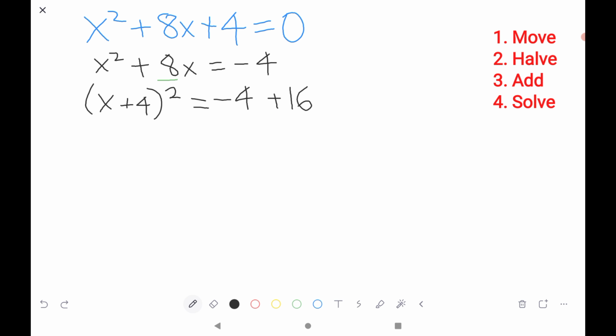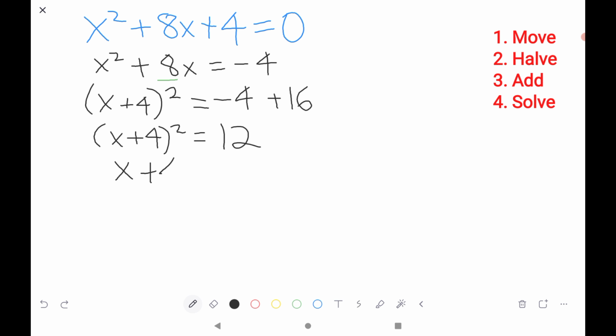So finally, we can go on and solve this equation. So minus 4 plus 16 is equal to 12. Then I'm going to take the square root of both sides.